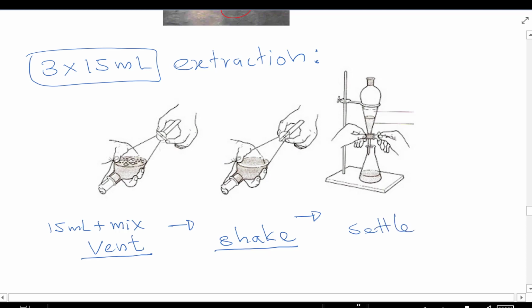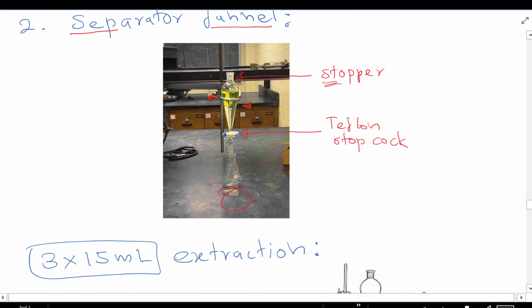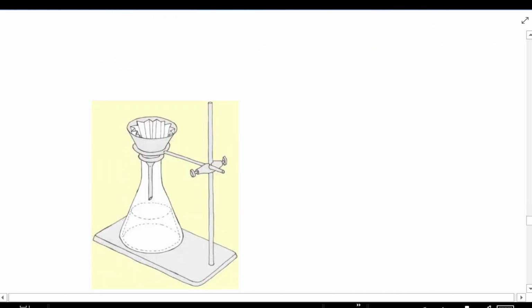Vent it, shake it, vent it, shake it, and then you put it on the ring stand, open the stopper, let it settle and separate by opening the stopcock, and take it into the beaker or the Erlenmeyer flask. Normally aqueous and DCM, the DCM would be in the bottom layer because it's denser, right?